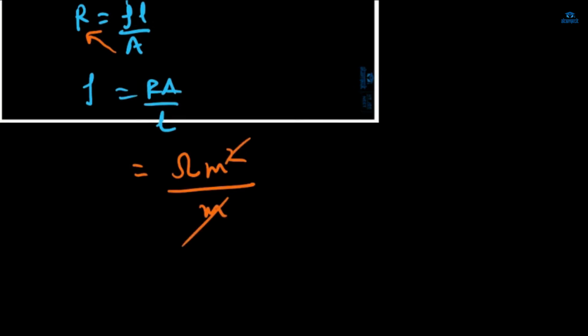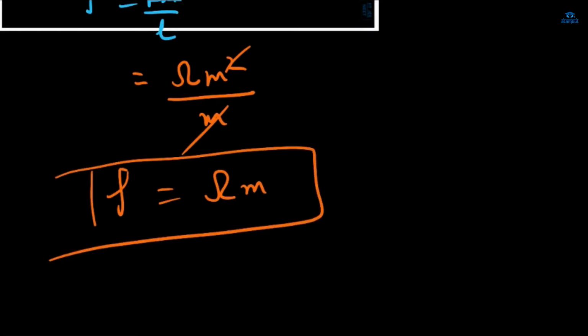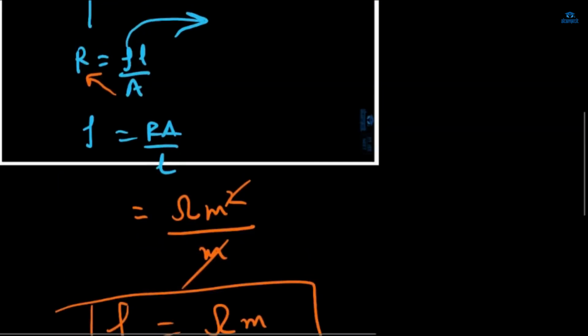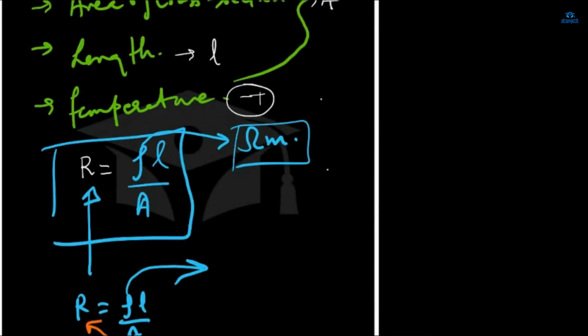One meter will get cancelled by one meter. So we are left with the SI unit of resistivity as ohm meter. That's why I said the SI unit of resistivity is ohm meter.